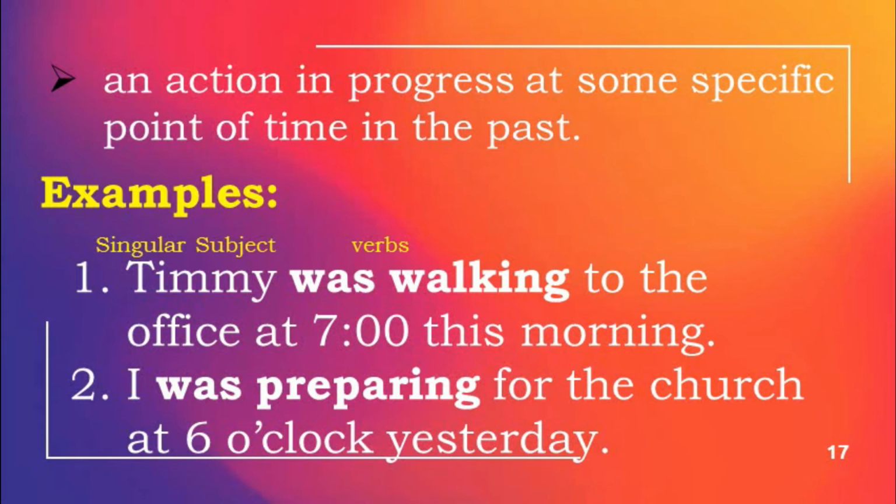Number 2, I was preparing for the church at 6 o'clock yesterday. So we have the subject, I, and then the be verbs was plus the ing form of the verb prepare.